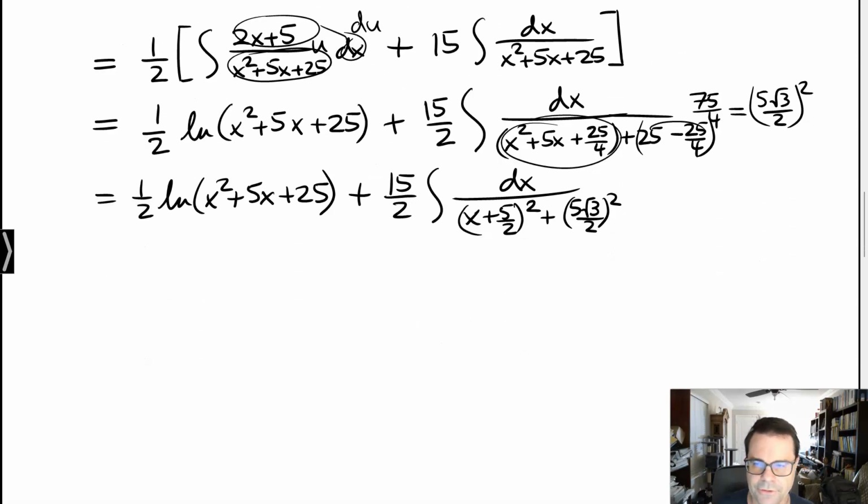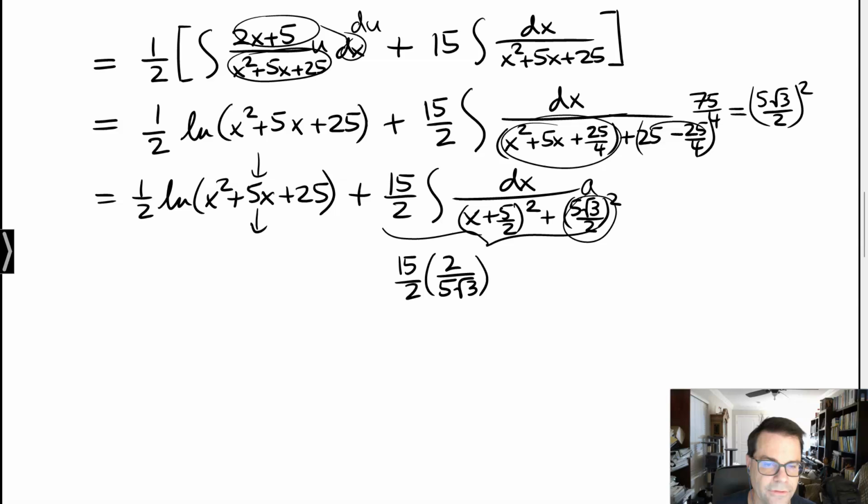Remember the inverse tangent? So this piece here, this is just going to carry on. So this piece here will be 15 halves. Now, I would want to be dividing by that. This is a. Think of it as multiplying by the reciprocal. So 2 over 5√3.